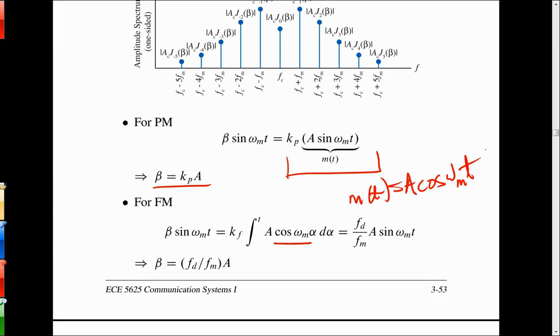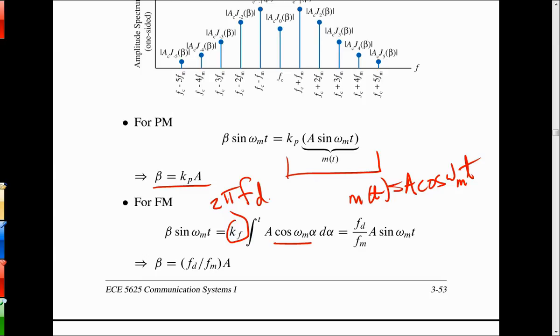and then the 1 over omega m pops out, and then there's a 2 pi in the numerator that's part of kf. If you remember back before break, kf was 2 pi times fd. Kf was the deviation constant for FM in terms of radians per second, whereas the more common way of working with it is 2 pi times fd, where fd is the deviation constant in terms of hertz per volt.